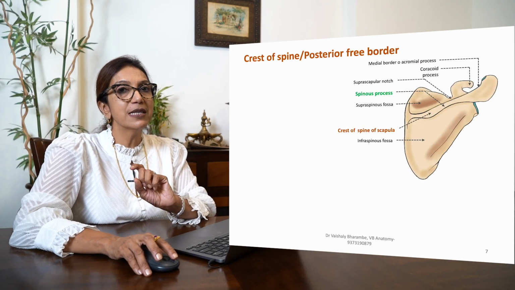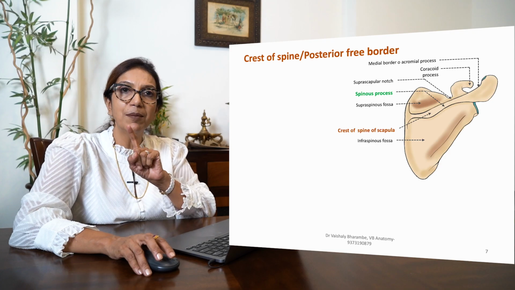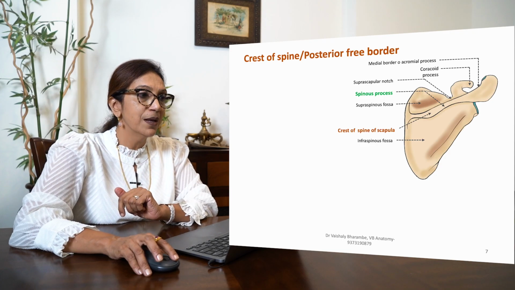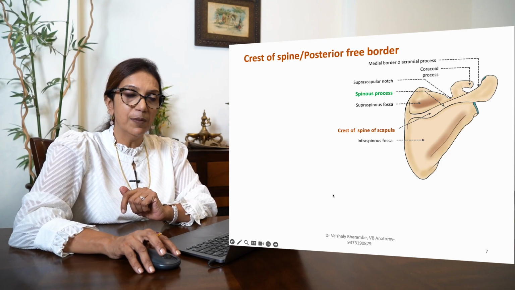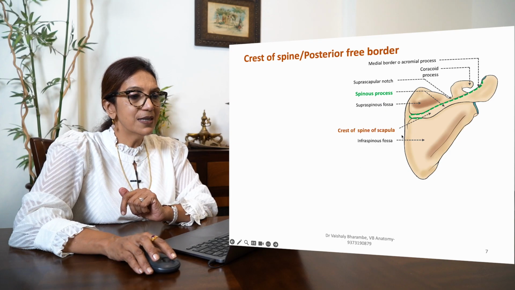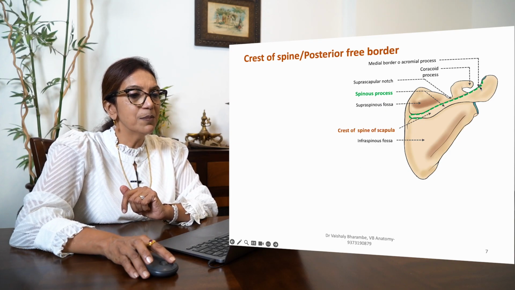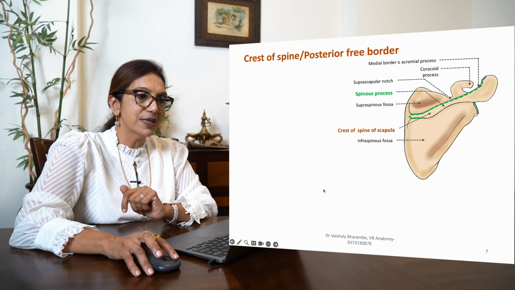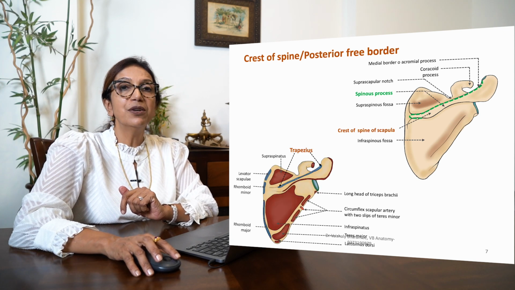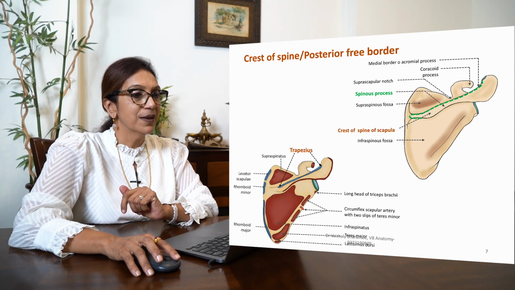I am teaching you on the screen, but by now you should all the time be holding the bone in your hand. Let's talk about the crest a little bit more. The crest, as you can see, shows an upper border which becomes continuous with the medial border of acromion process and gives attachment to the trapezius muscle.